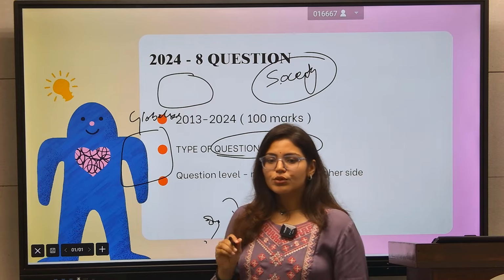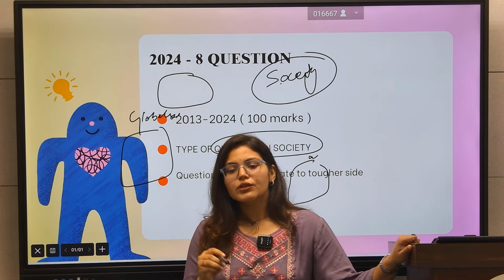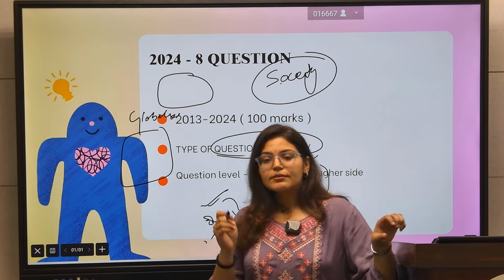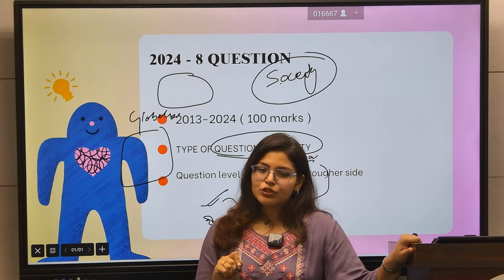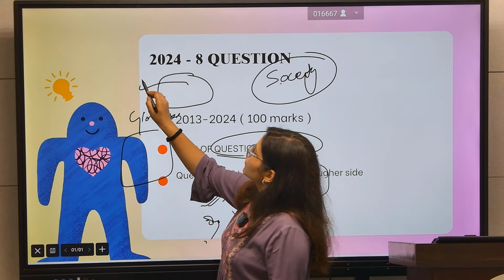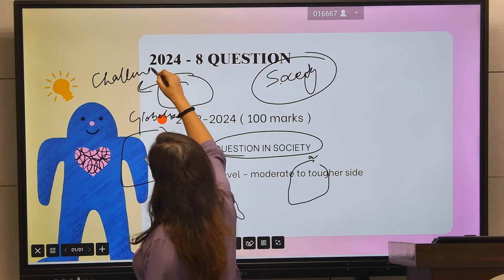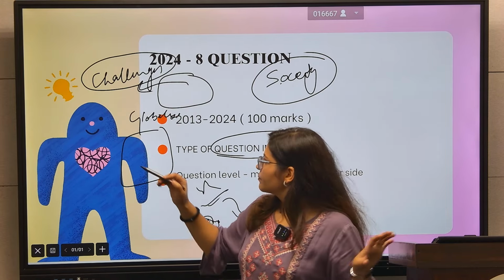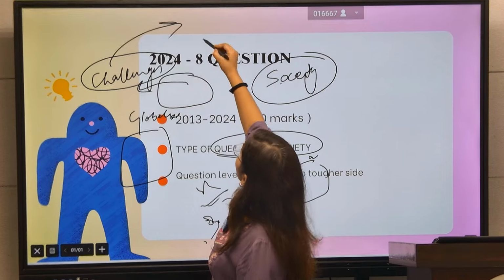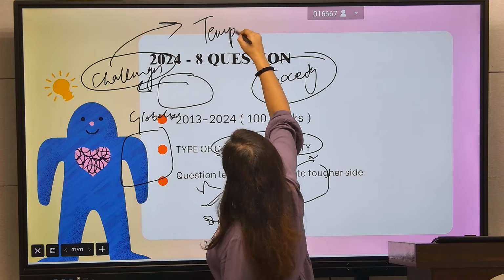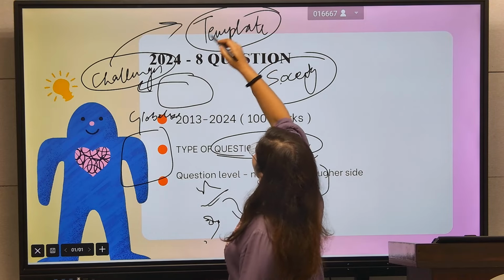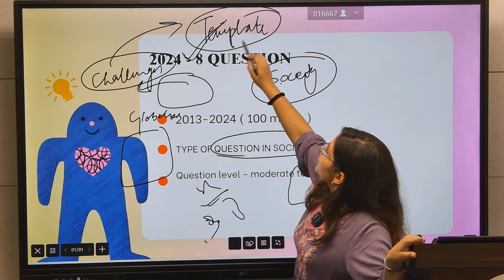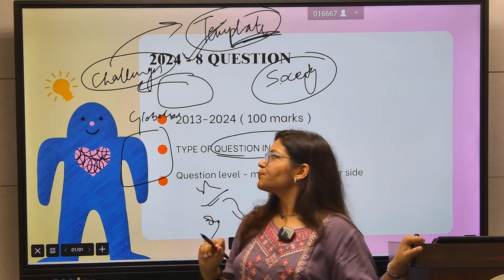So in the examination hall itself, you have to interlink those points and write the answer. You have to generate points in the examination hall only. So this is very challenging also. How to generate points at that time only? For this challenge, there are templates. For society questions, these work very well. If you have a template in your mind, point generation in society is very easy.